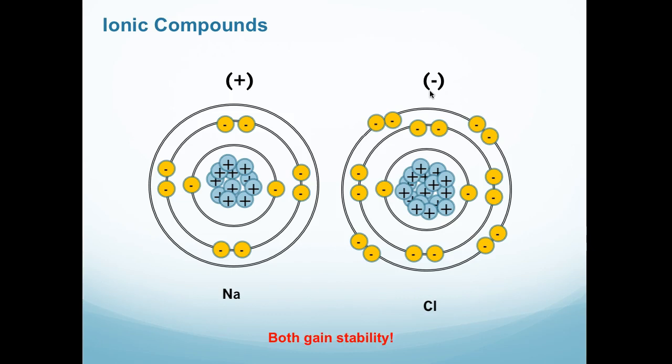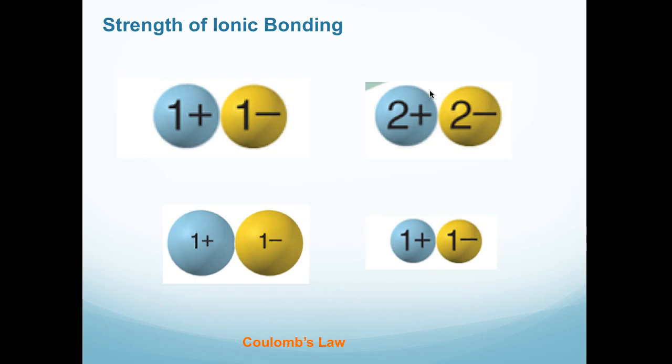Both gain stability. Okay. If we want to think about strength of ionic bonding, and again, ionic bonding is going to be when I bring a non-metal together with a metal, so I'm losing and gaining electrons to become stable, right?